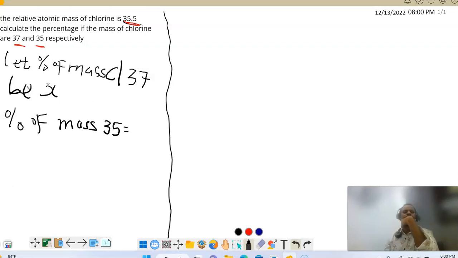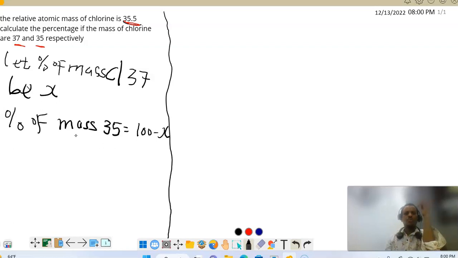You know that the total percentage of chlorine is always 100%. If the percentage of one of the masses, chlorine 37, is x, the other one will be 100 minus x.